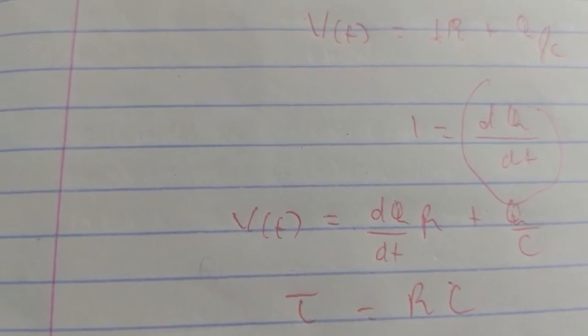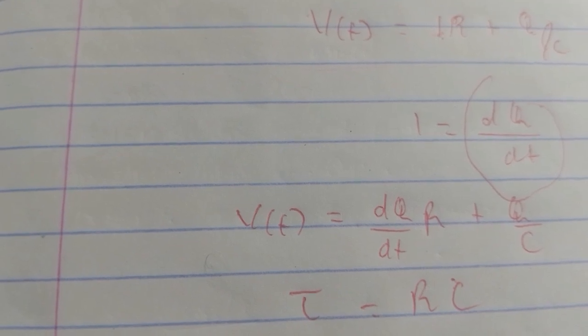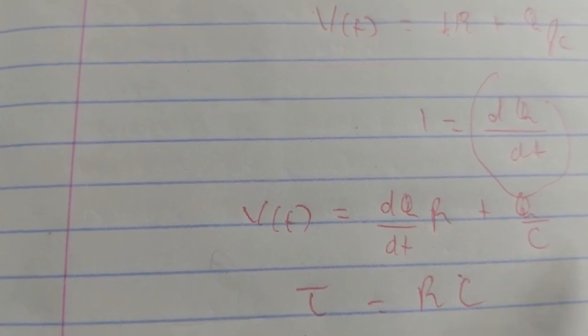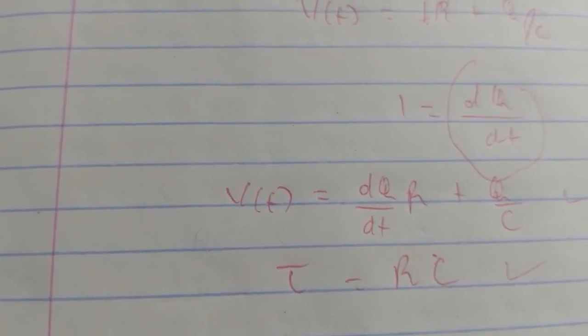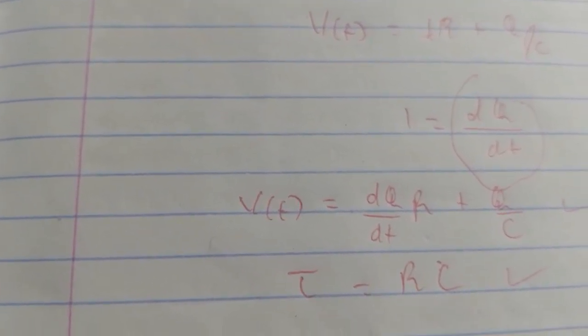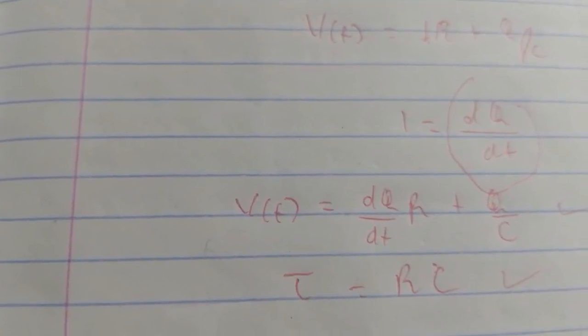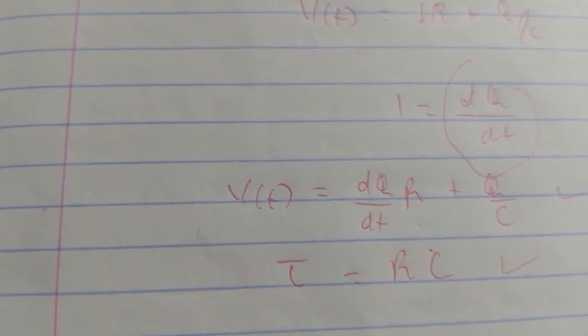A capacitor stores charge, but how fast it stores this charge is determined by the time constant tau equals RC. So you want to keep these two equations somewhere. Quickly, we're going to be solving some examples, and we'll make sure that we're on the same track.